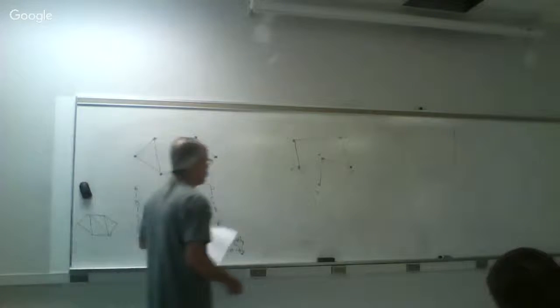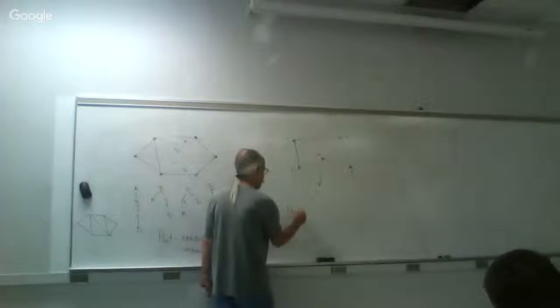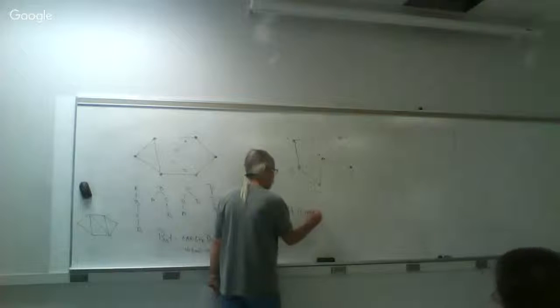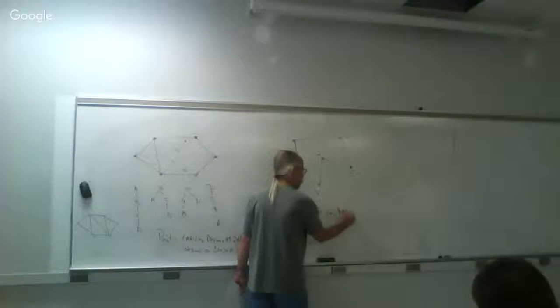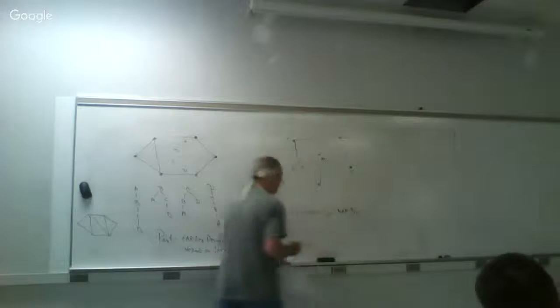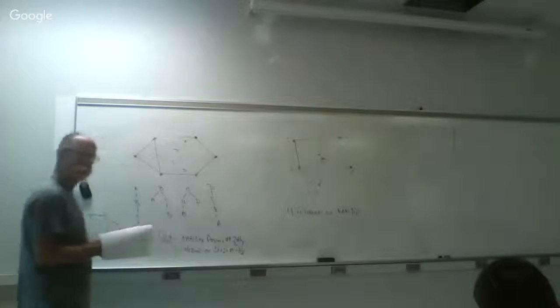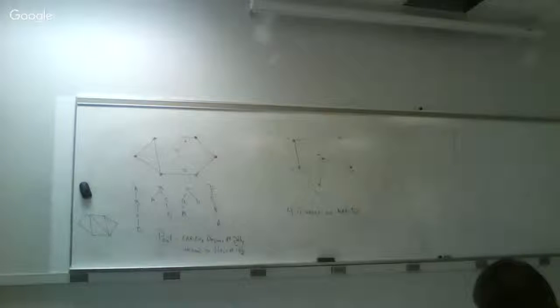And however you do it, 4 is never going to be an ear tip. Unless you stand outside, but thinking of triangulations of the polygon, there's no way that 4 is ever going to be an ear tip.